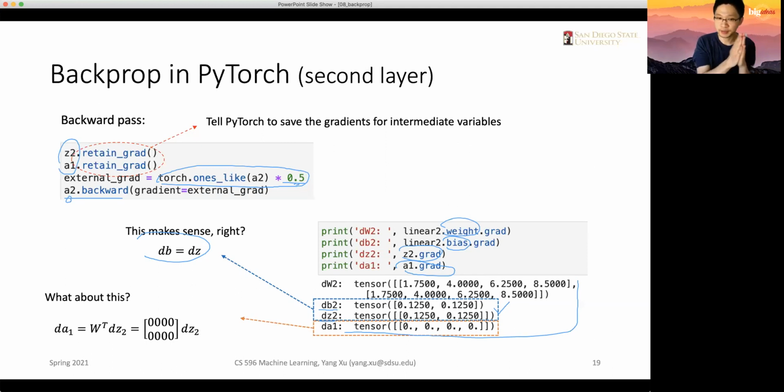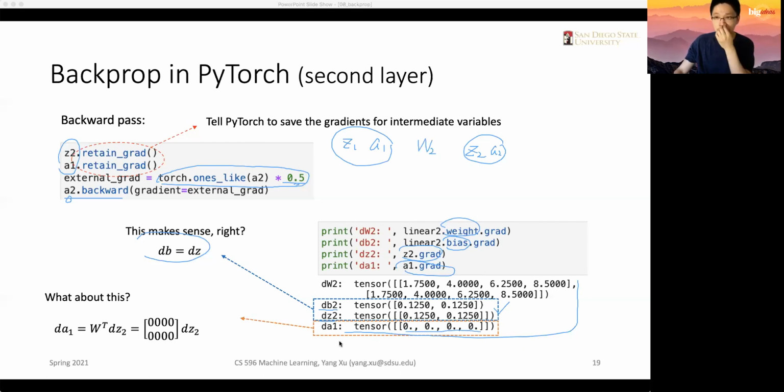Then for A1, remember A1 is the output from the previous layer. A1 is here, Z1 is here, and if we put it in a neuron, then Z2 is here, and A2 is here, and it's W2 that connects them. The gradient of A1 is all 0.